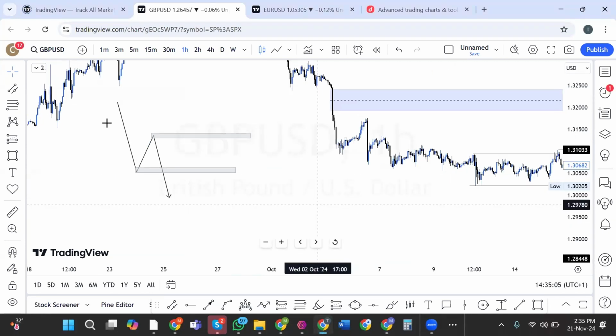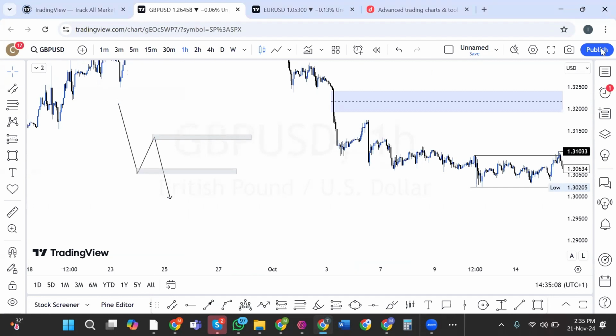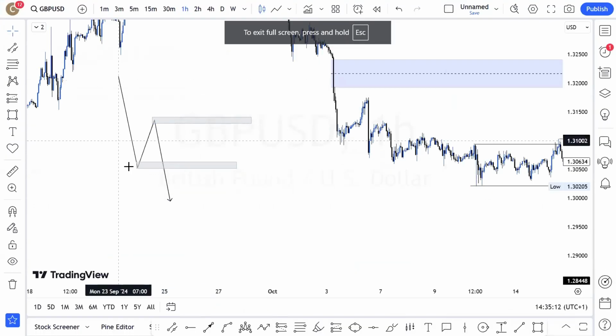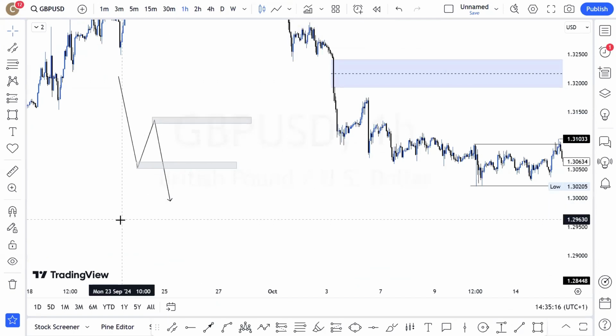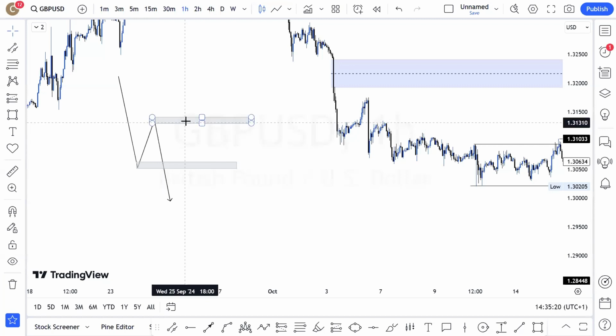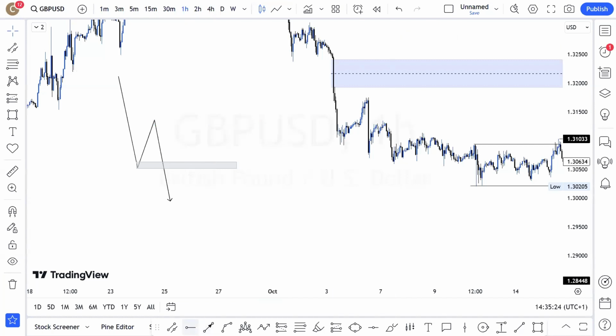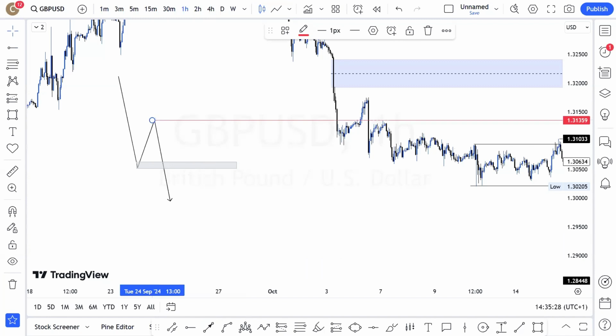So what I was saying is, if you're looking at a bearish market, a bearish price delivery like this, and this is the most recent impulse leg to the downside, it simply means that as long as the market is still within this range, we should be looking for sells.